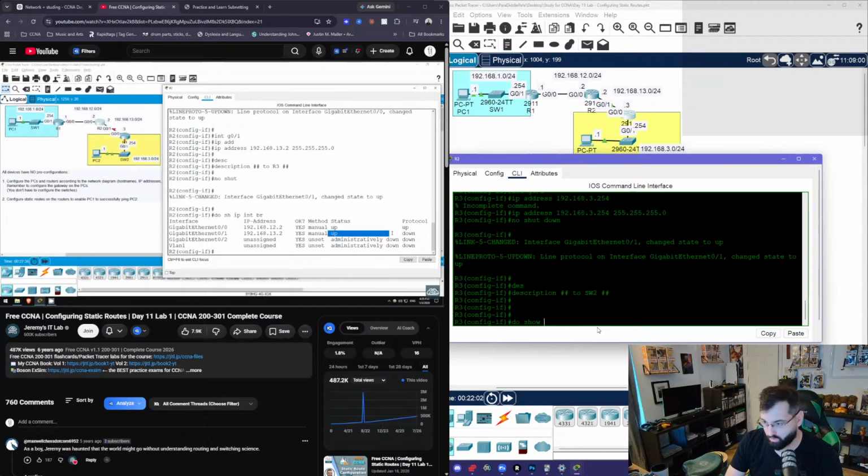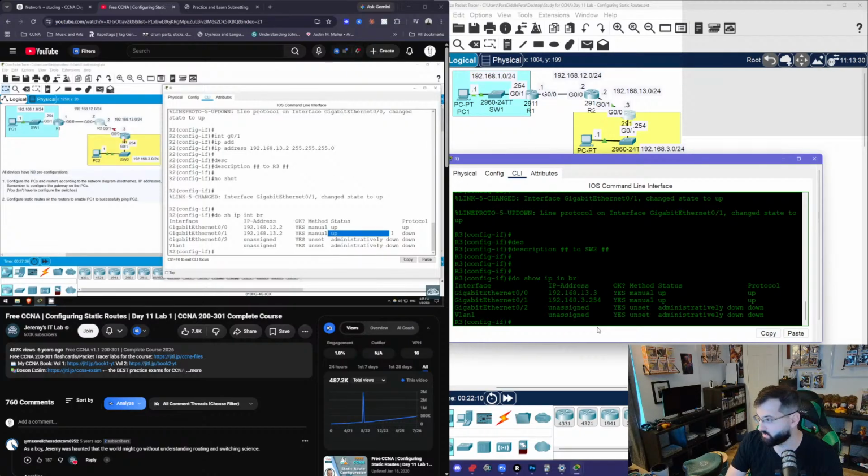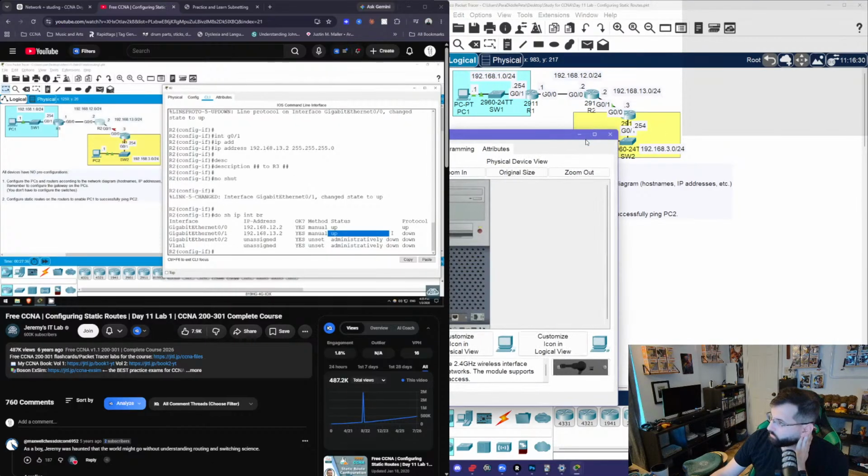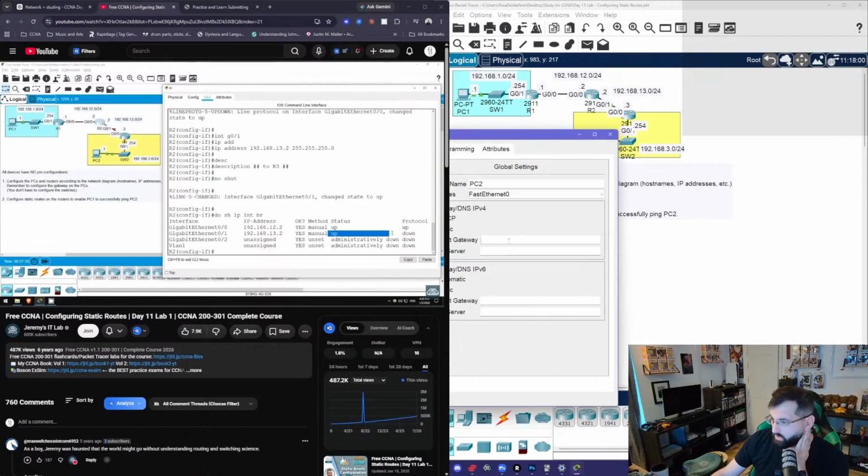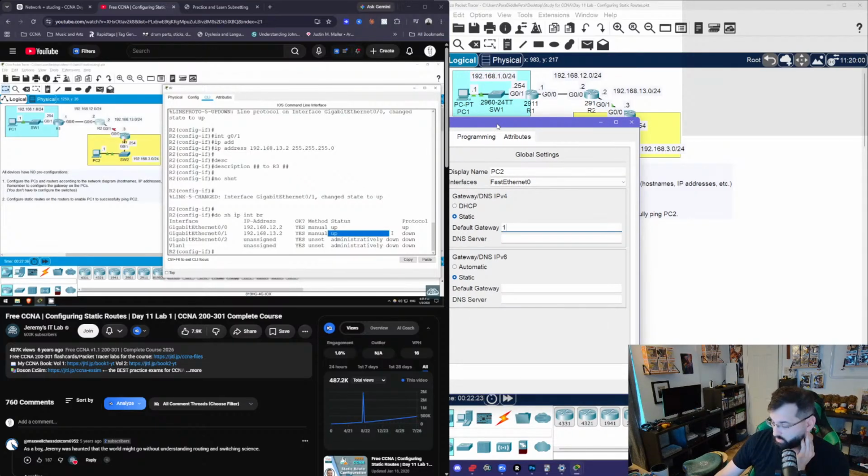Do show IP interface brief. We nailed it, boys. Which means we just need to go here, set the default gateway, which is 192.168.3.254.